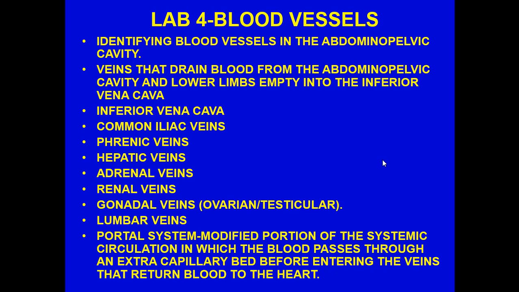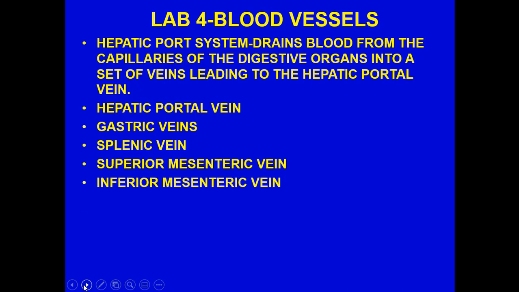Picks up lots of nutrients, monosaccharides, and particularly amino acids, etc. But that doesn't go immediately into the rest of the systemic circulation. It goes first through another capillary bed in the liver, the hepatic. And then it gets transferred over and generalized into the rest of the blood. But we'll get into that more as we move on.